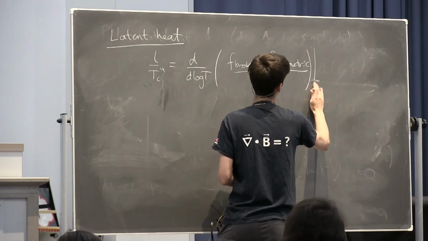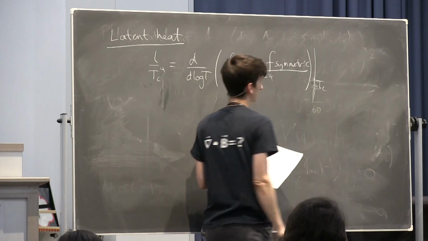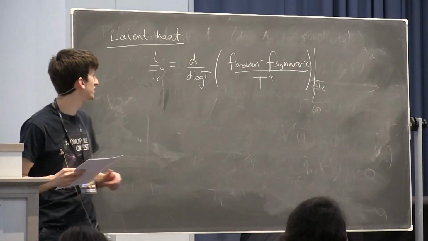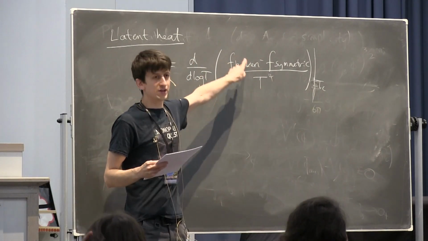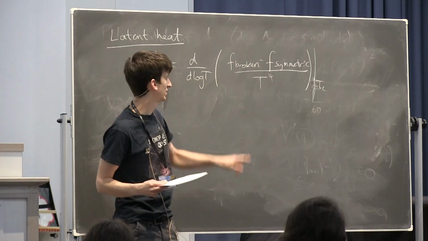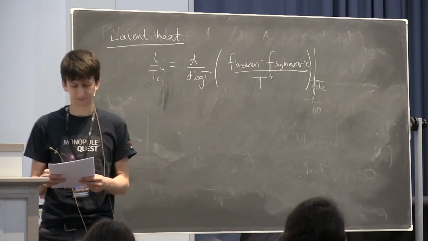Oops. So this is the latent heat. This is the jump in the first derivative of the free energy as we go through the transition.